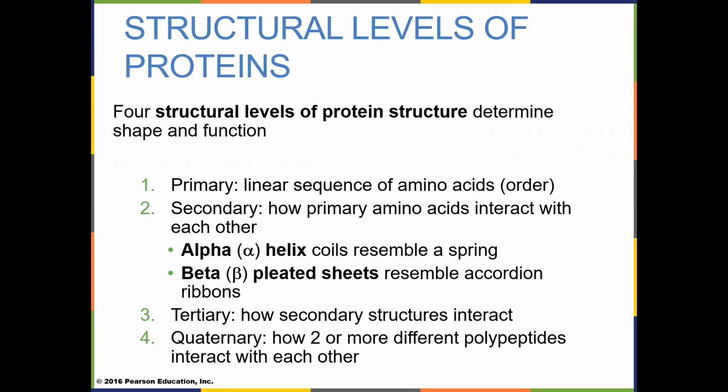Hydrogen bonding occurs in the protein molecule, between segments of the primary structure, and that twists it into its predetermined shape. If you're going to be an elastic protein, you're probably going to be an alpha helix.